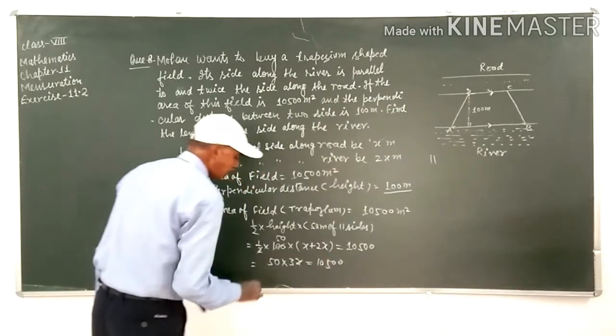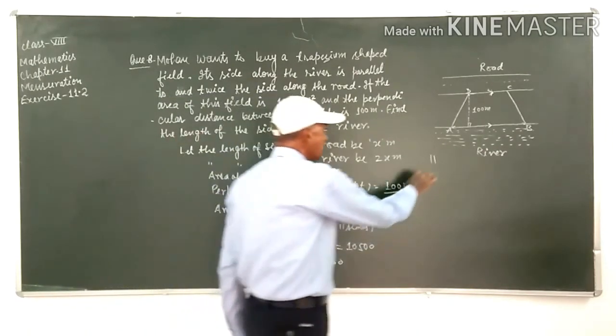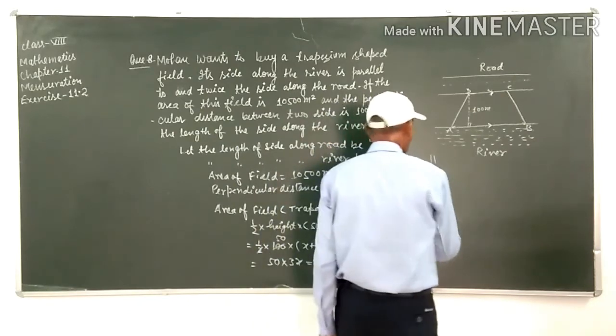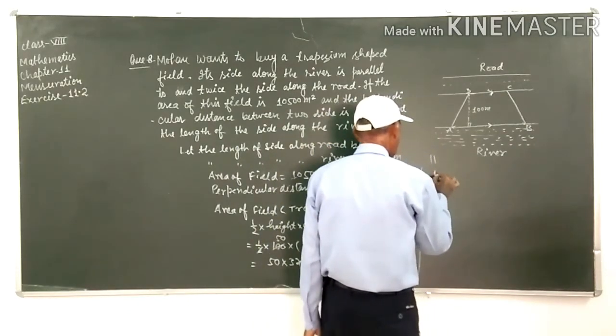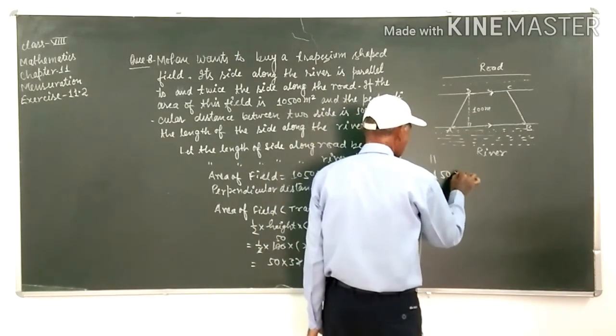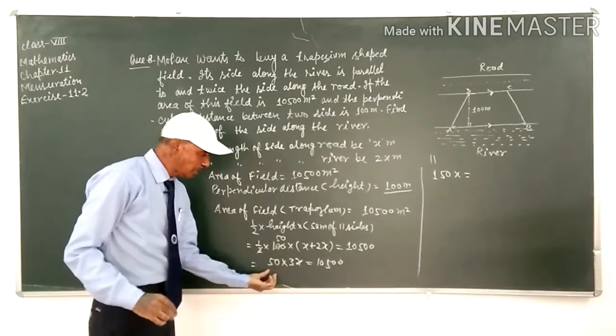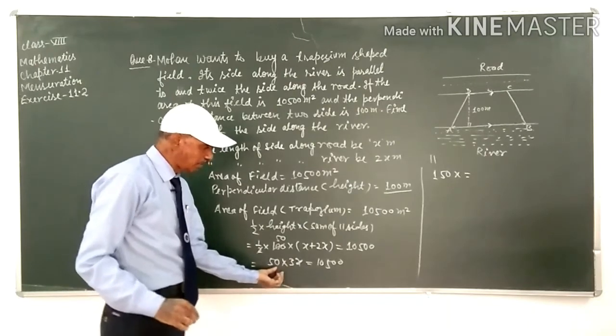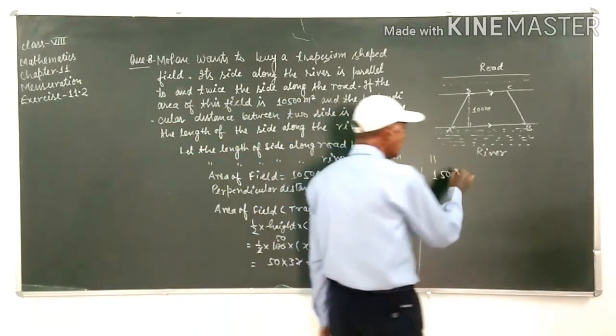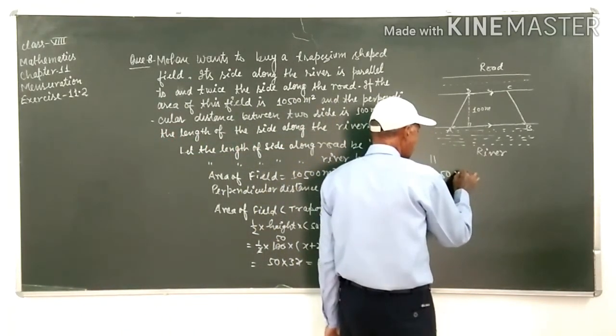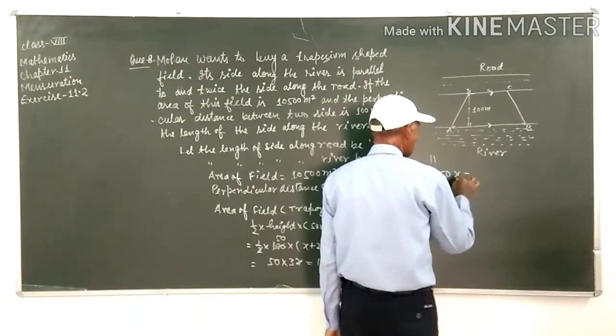And this one is 150x. Student, we will multiply 50 into 3x, 50 threes are 150, 150 into x, that is 150x.